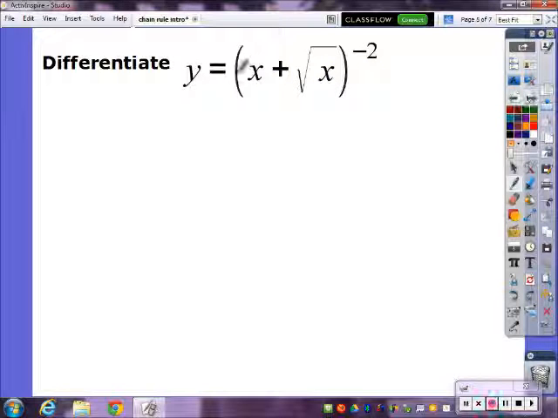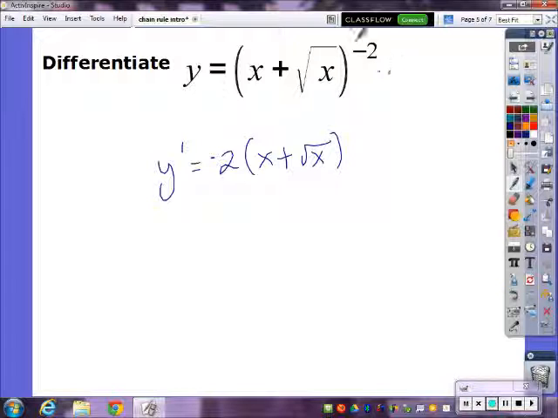One more. So in this one, differentiate y equals x plus square root of x all raised to the negative 2. My outer would be the negative 2. My inner would be x plus square root of x. So the derivative of the outer, multiply by negative 2, leave the inner alone, subtract 1.